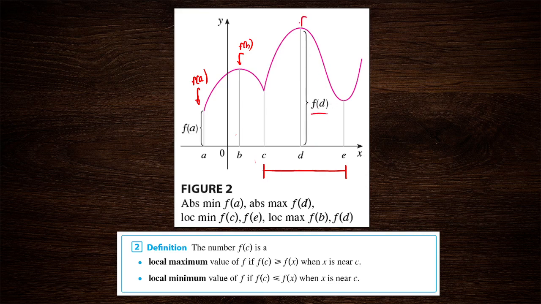And if we widen the observation, it is the absolute maximum, and also the local maximum from C to E. Referring to the minimum value, we have f of E, which is the local minimum, but if we expand the curve, it is not the absolute minimum, because the absolute minimum is f of a, as we could observe in the graph.